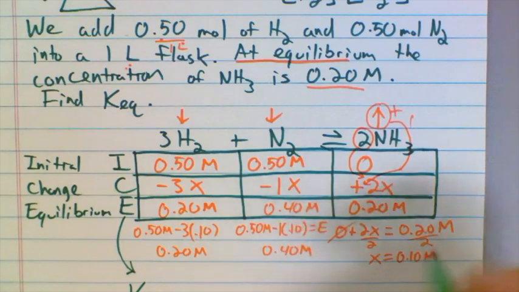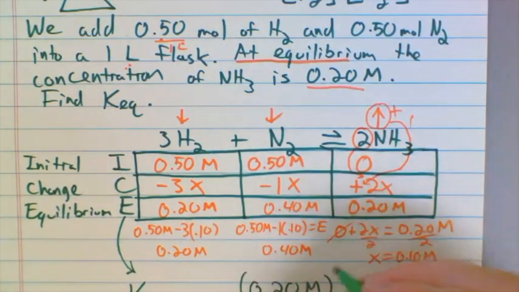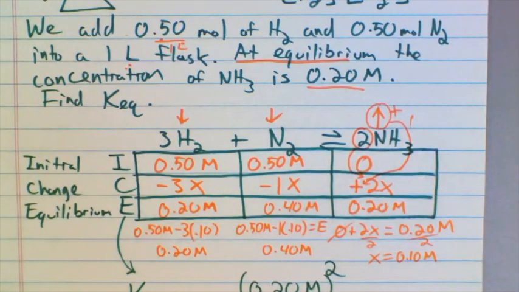Our product. And how much of the product do we have? 0.20 molarity, and we're going to raise that to the second power. And then we'll enter information below. So we've got hydrogen, also 0.20 molarity, and we're going to raise it to the third power.